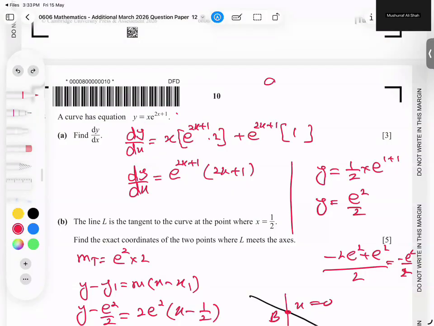So I can say d over dx of y, with y equal to x e to the power 2x plus 1, is equal to e to the power 2x plus 1 in the bracket 2x plus 1. So this complete expression I'm going to take from here.